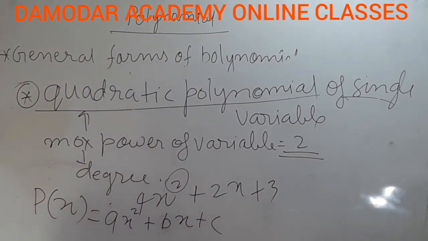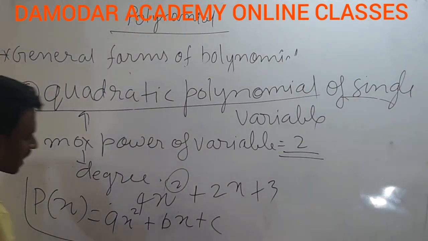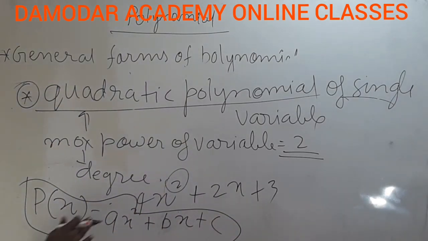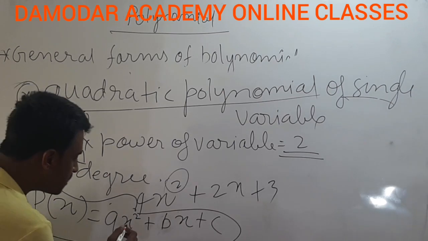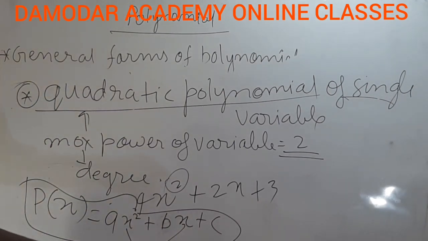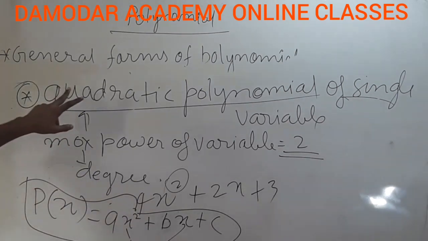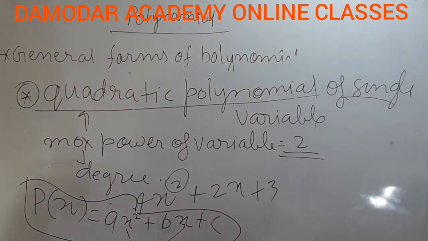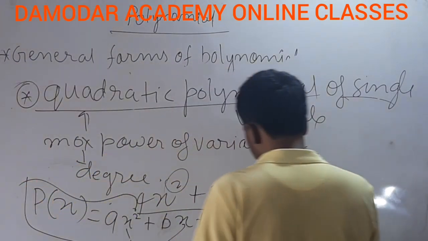This is the general form of a quadratic polynomial of a single variable. In this polynomial, the variable is only x, and the degree of this polynomial is equal to 2. That means it will satisfy a quadratic polynomial of a single variable. And what is the condition?